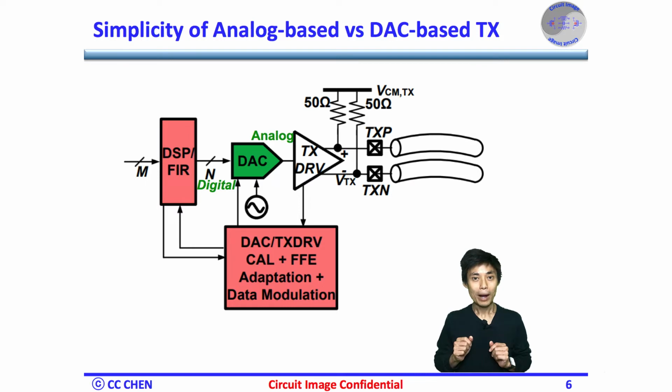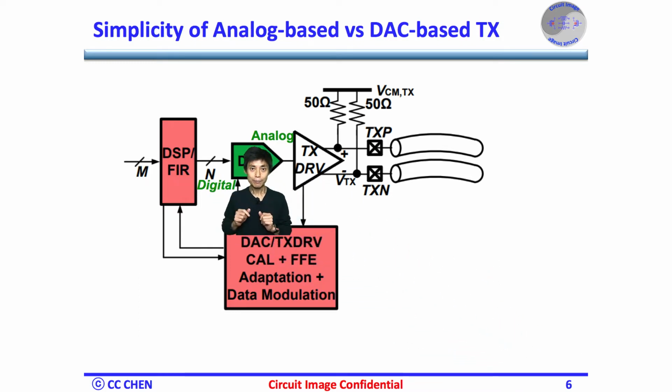Another possible topology is the digital to analog converter, DAC-based TX, which does any encoding or equalization on the digital side, either an FIR or DSP. The multi-bit DAC converts the processed digital signals into an analog waveform.